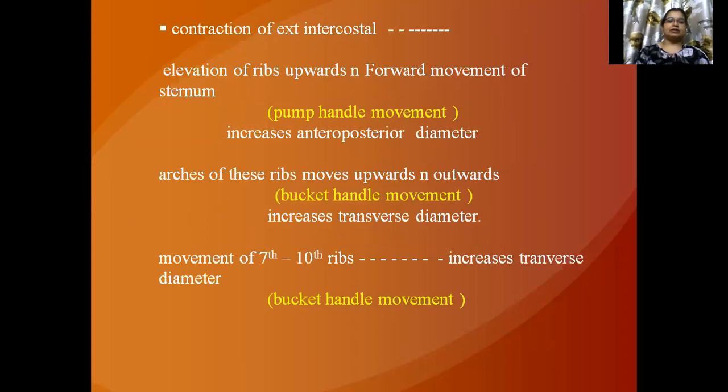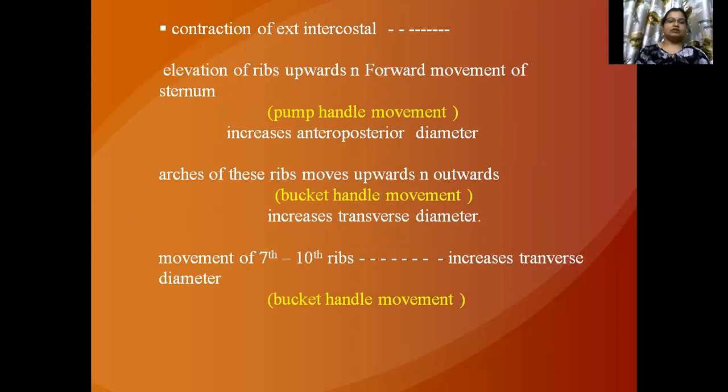Contraction of external intercostal muscles causes elevation of ribs and upward and forward movement of the sternum. It is also called pump handle movement. In this movement, the anteroposterior diameter increases.